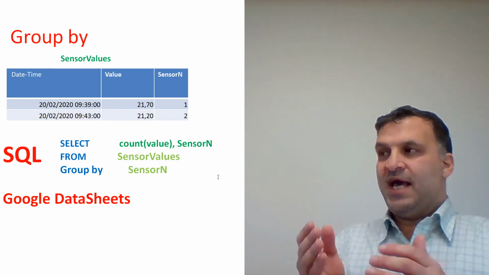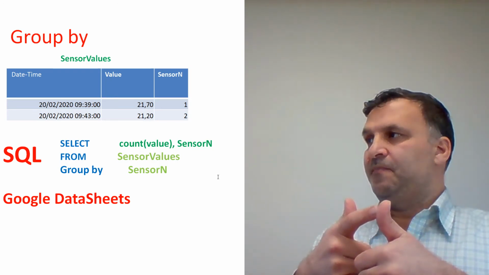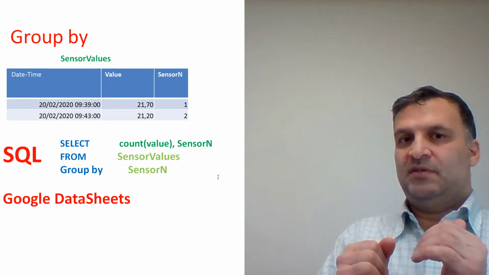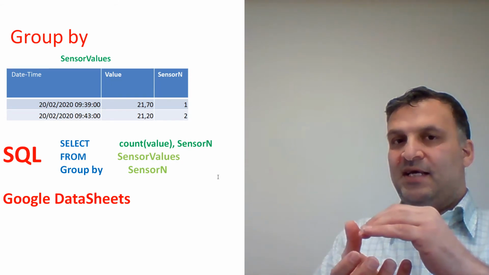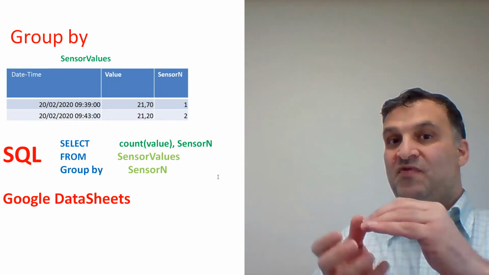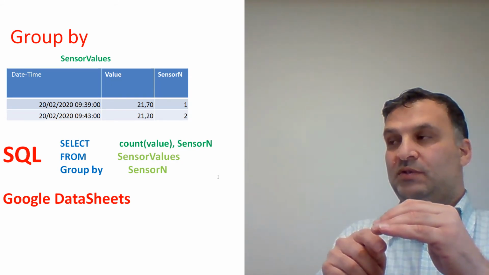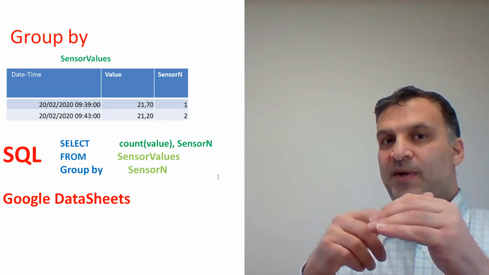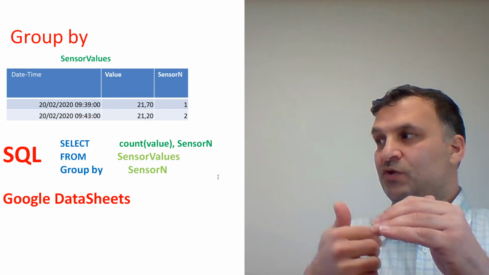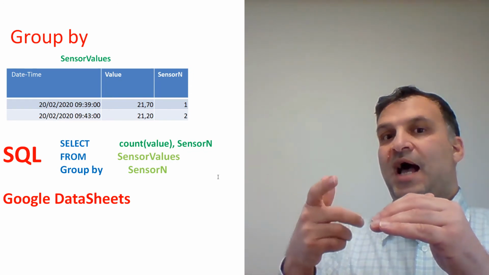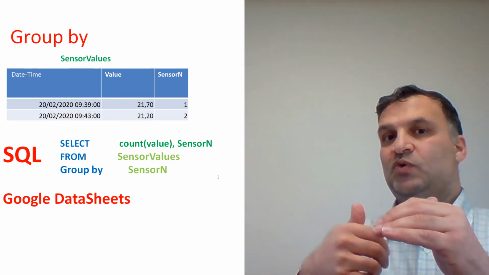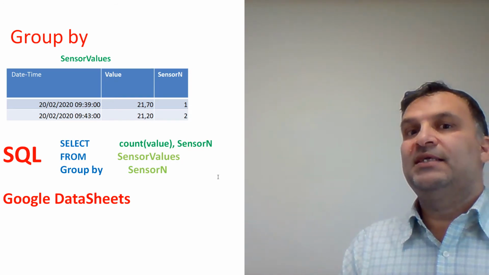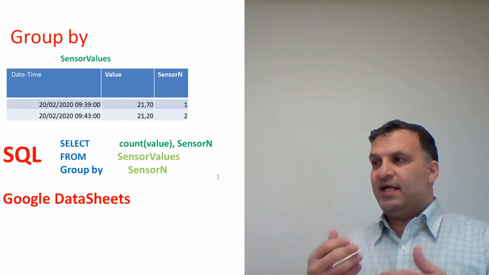In our data, we have 3 sensors: number 1, number 2, number 17. This instruction means we will count how many values from the second column are related to sensor 1, how many to sensor 2, how many to sensor 17. So it is very useful to analyze the data.